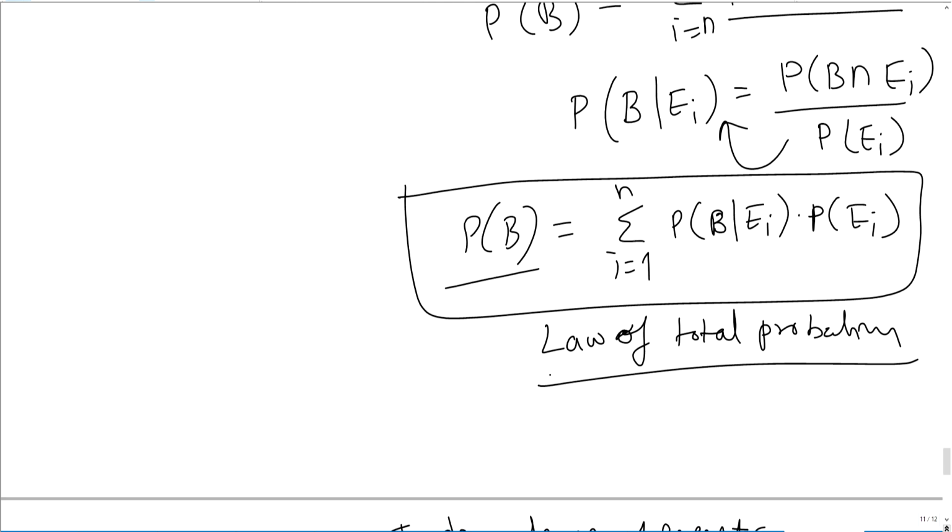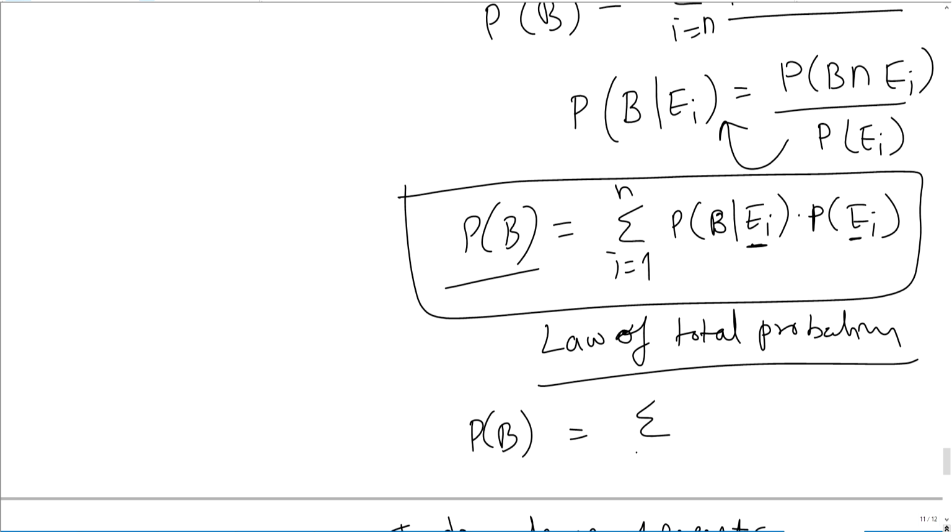Okay. If you want to write it in more general form, rather than calling these events E1, E2, En, you can call them A1, A2, A3, An, right? So I'm just changing the symbol.